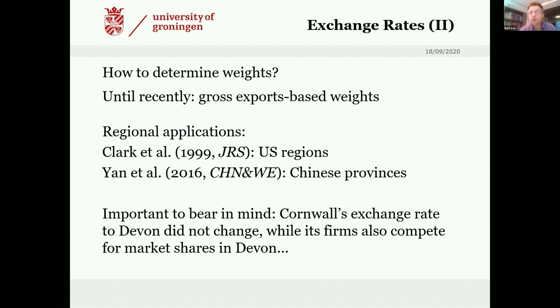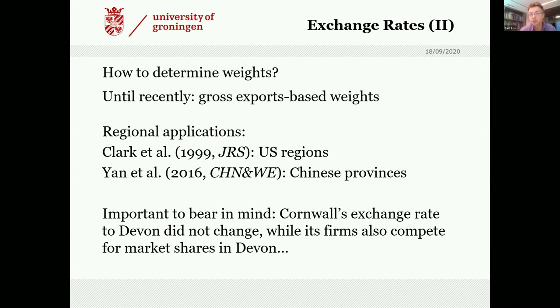Now, if you focus on regions, it's also important to bear in mind that regions do not only compete at the international level. So if you look, for example, at firms in Cornwall, they also compete for market shares on markets in Devon, for example, whereas the depreciation of the pound, of course, didn't have any implications for the exchange rate between Cornwall and Devon.